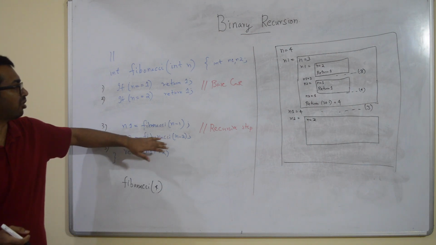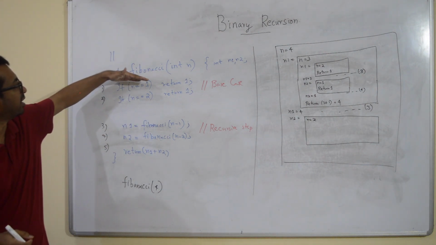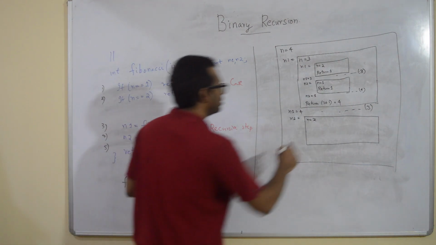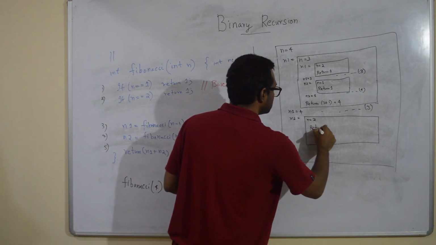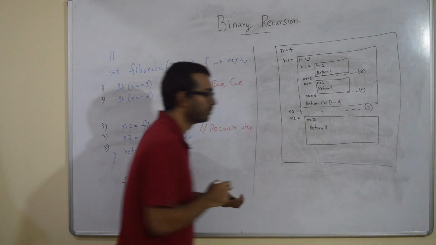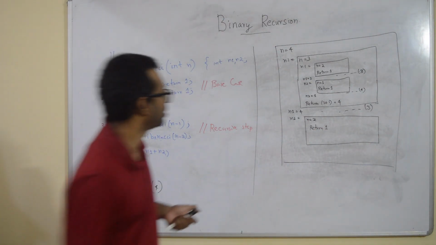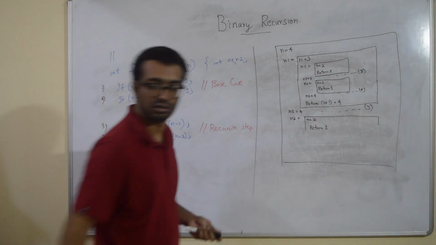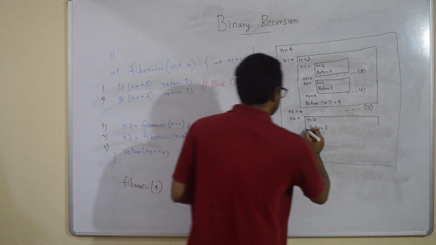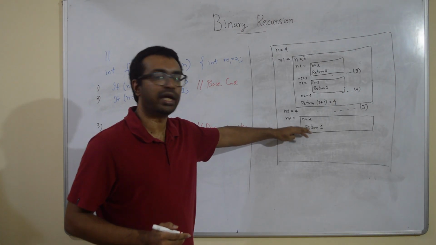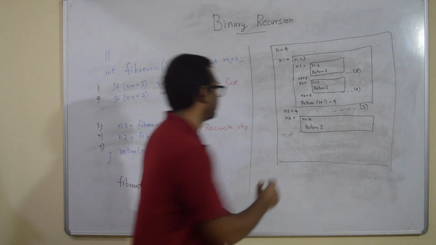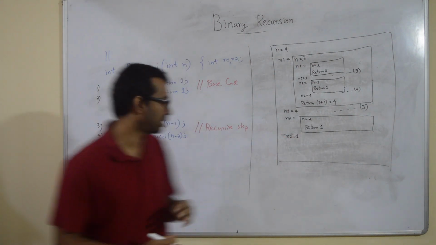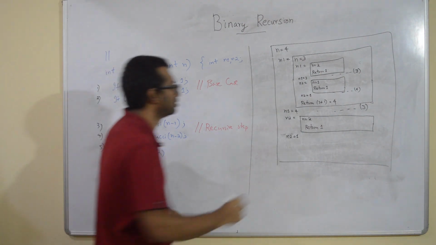Okay. So if I am calling n equal to 2, I come here. This condition, no, it's false. This condition, it's true. Return 1. Okay. It has returned 1. We have now got n2 is equal to 1. So this is line number 4 here.